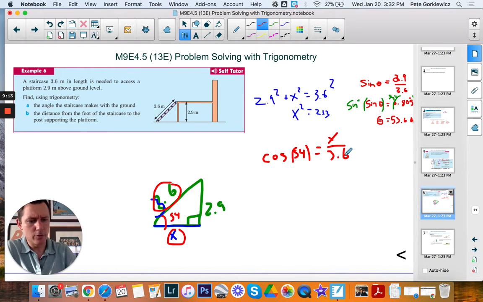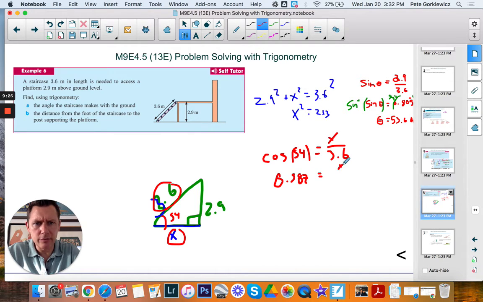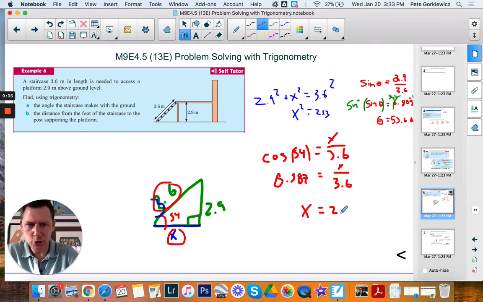So cosine of 54, I get 0.587, equals x over 3.6, and then multiply both sides by 3.6. Guess what you get? I got 2.12.